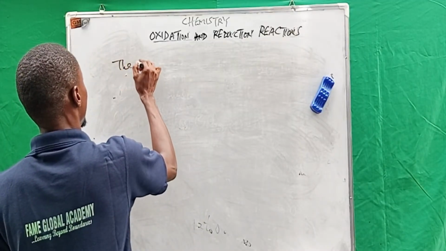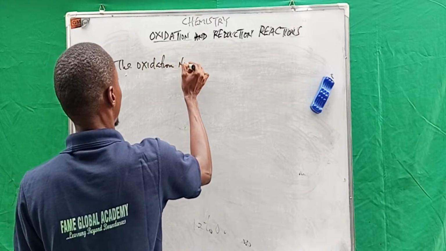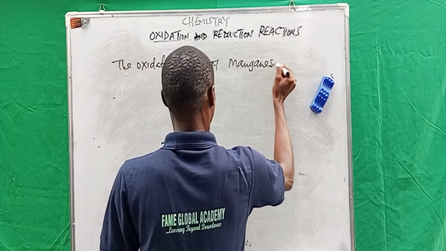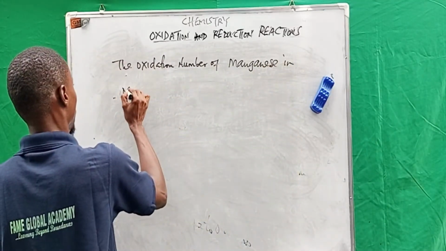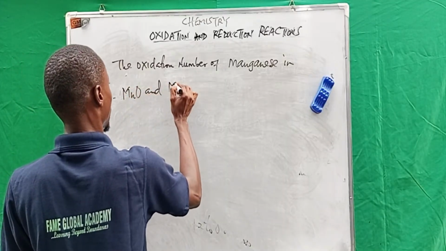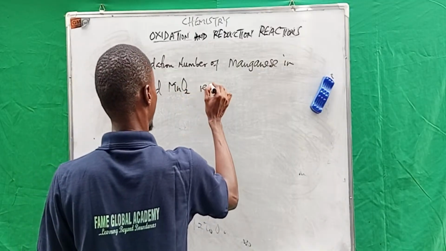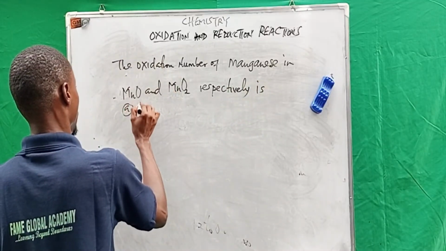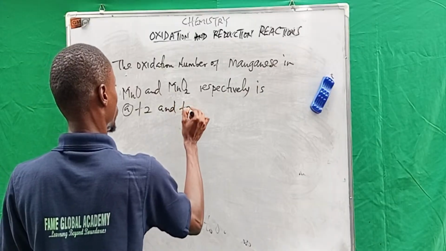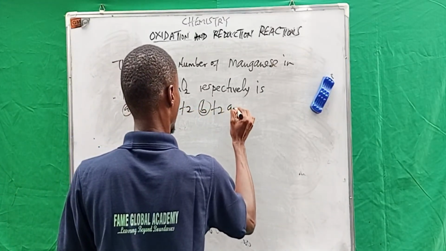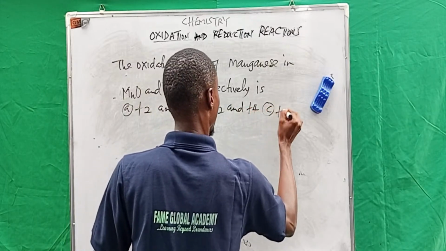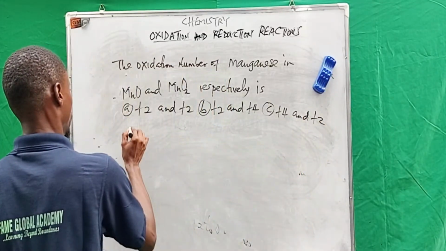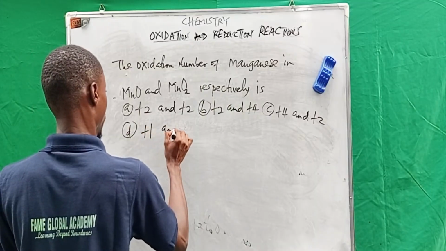The question says, the oxidation number of manganese in MnO and MnO2 respectively is: A, +2 and +2; B, +2 and +4; C, +4 and +2; D, +1 and +2.